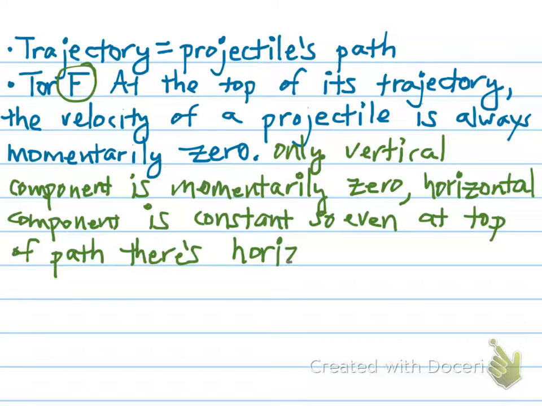There's not any vertical, but there's horizontal velocity, which means that it doesn't have zero velocity. It has zero vertical velocity, but it has some horizontal velocity.